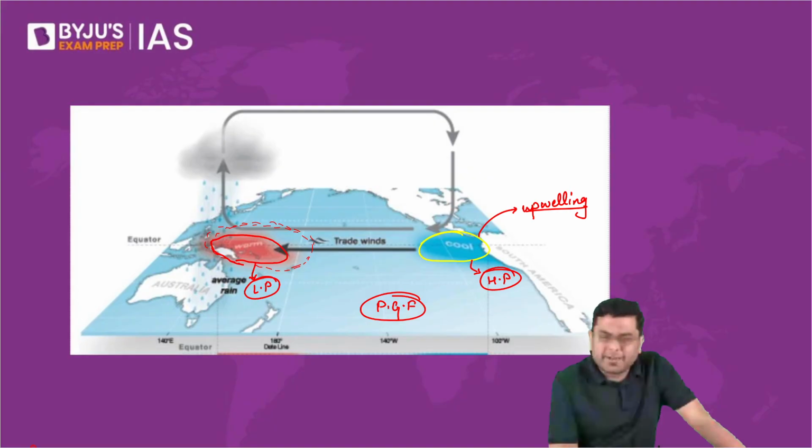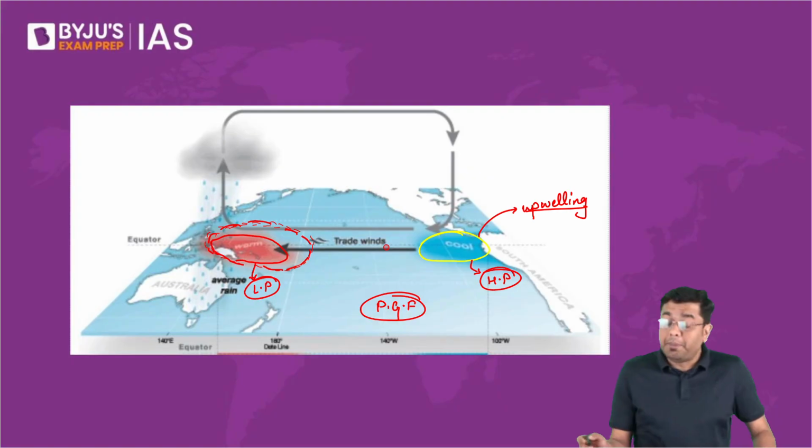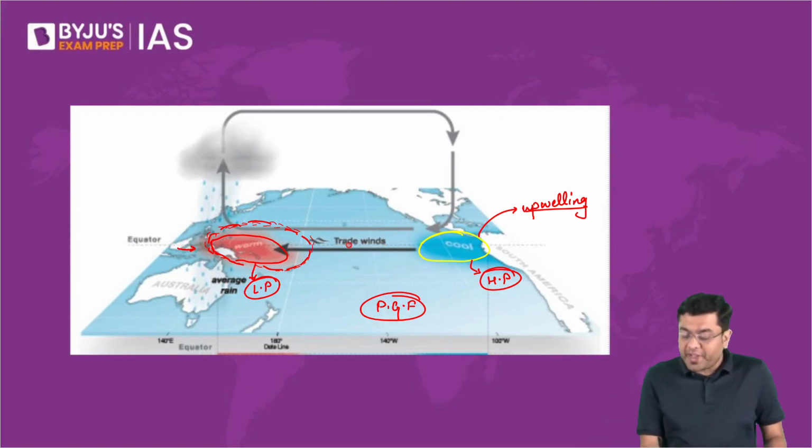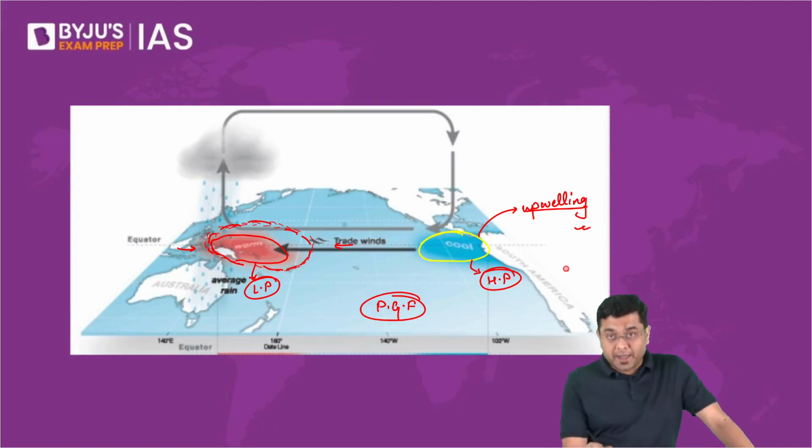As you have more warm waters which accumulate, we can say that low pressure will get strengthened, it will get intensified. So the low pressure intensifies in certain cases. And as the low pressure intensifies here because of the greater amount of accumulated water, it will begin to attract more winds from all sides. So what will happen to the rate of upwelling in that case?